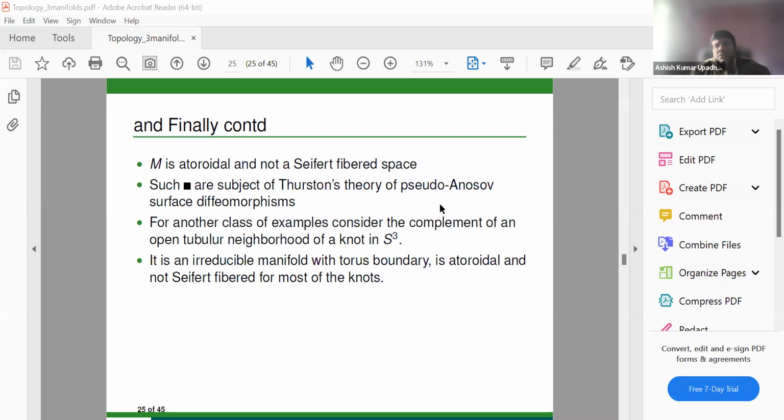So we try to decompose the manifold into simpler pieces about which we are familiar. When we decomposed along spheres, we got prime manifolds, and these prime manifolds may not contain a sphere, but they can contain some other surfaces, some other substructures.